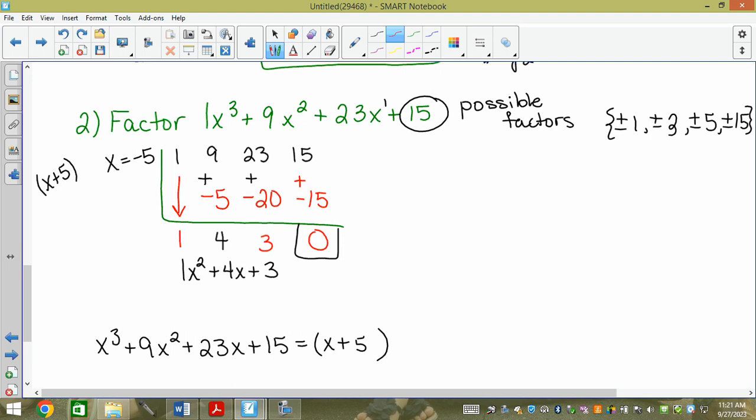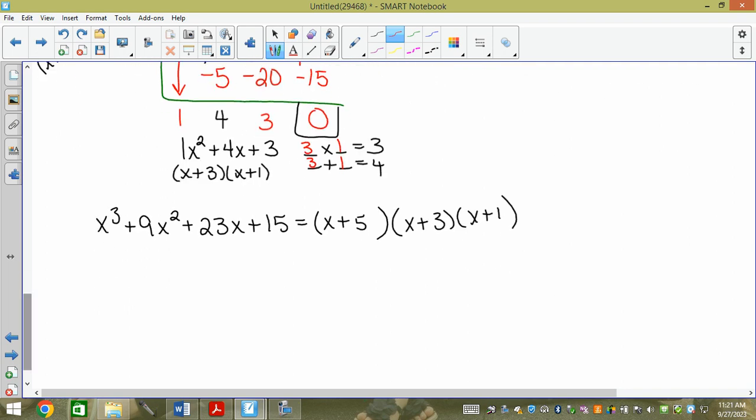What multiplies to give me 3 and adds to give me 4? 3 and 1. You were right. So I get x plus 3, x plus 1. And those go down here. And this is my answer.